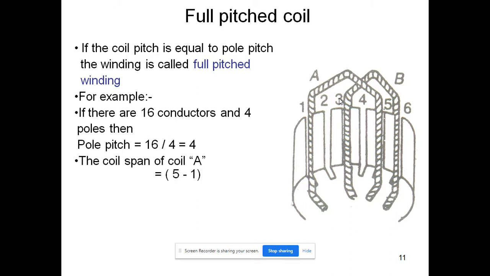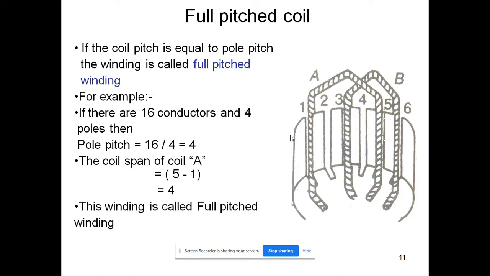And the coil pitch. What is the coil pitch of conductor A? As I said in the previous slide, the coil pitch is 5 minus 1, meaning one conductor is in slot 1 and the other conductor is in slot 5. So the coil span is 5 minus 1, which is 4.